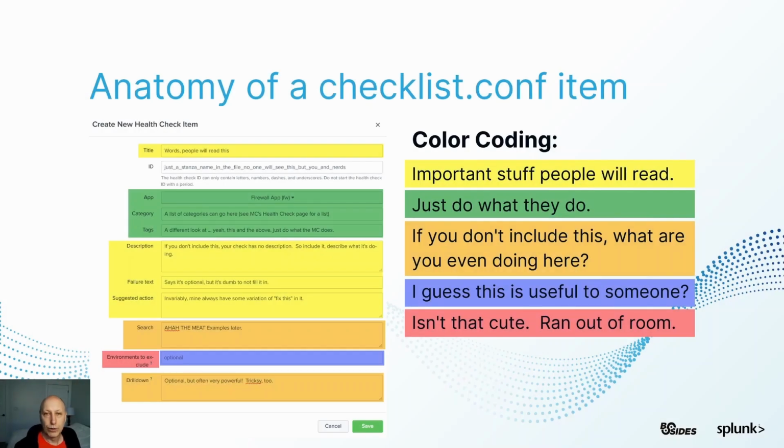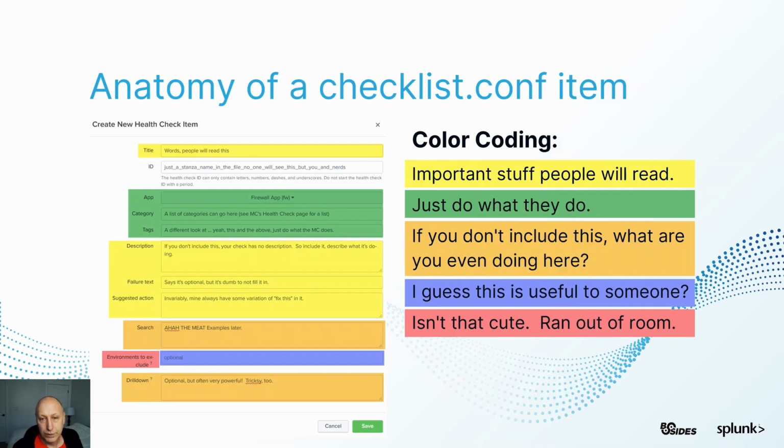Going to quickly cover a list of what the different items are. For the most part, you need to do the yellow, the green, the orange, and maybe the blue too. You can read this particular slide and it'll really tell you most of what you need to know. I do say that you'll need to include the search and the title and an ID, because if you don't have any of those, well, what was the point, right?